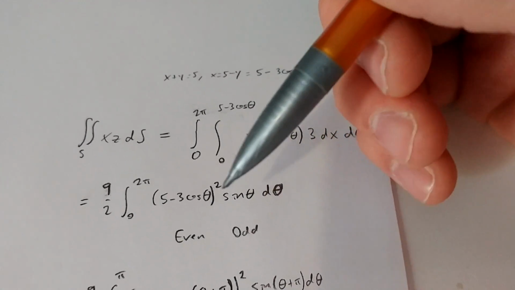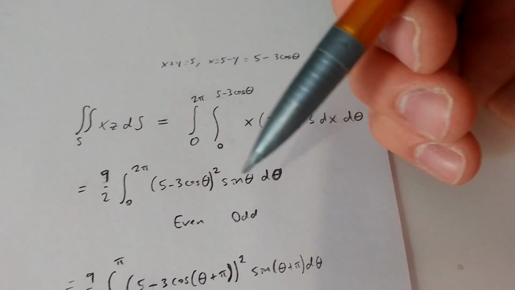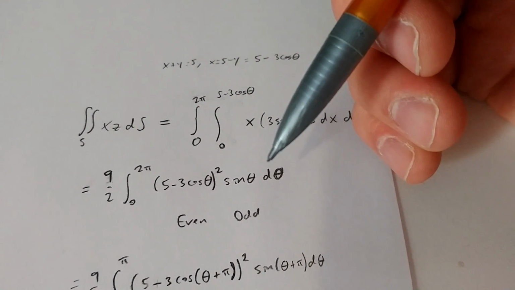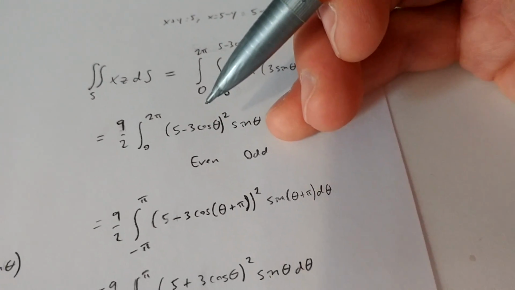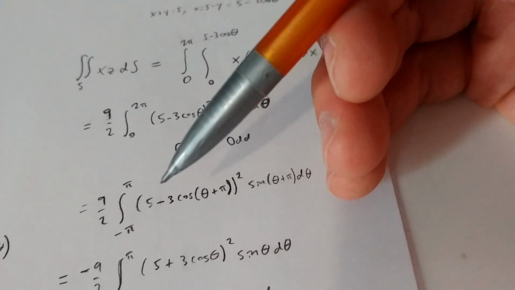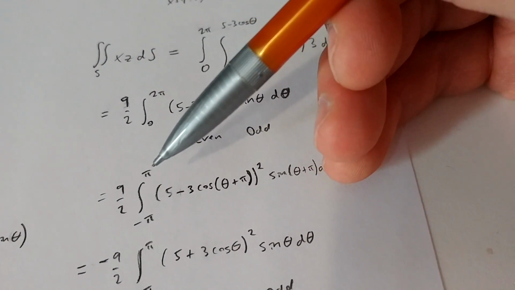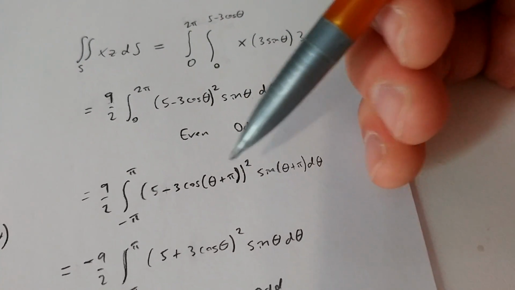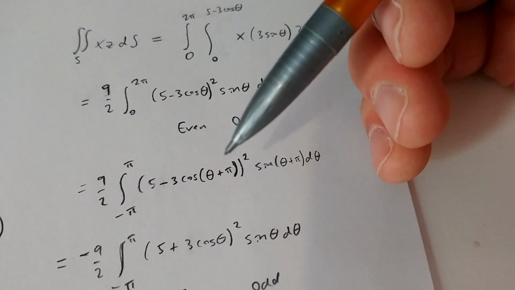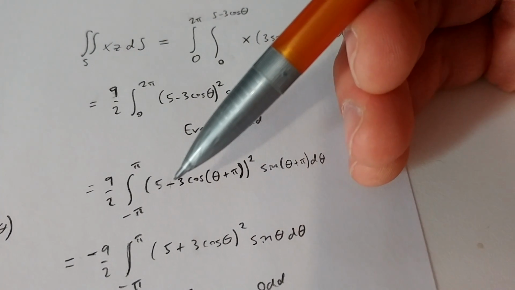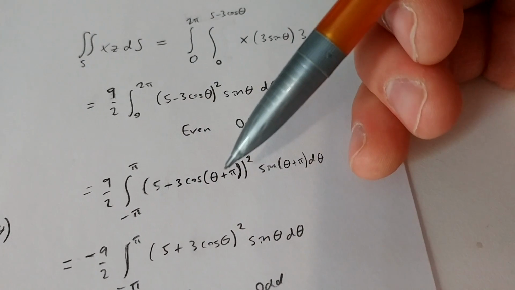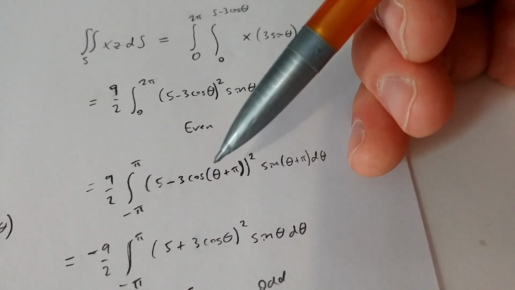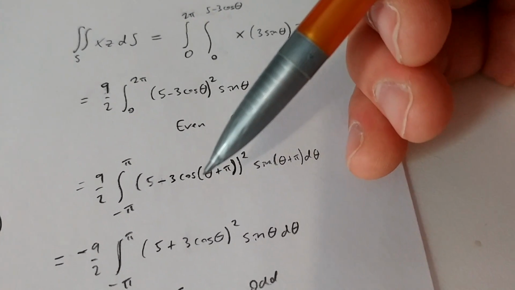But you could also just shift everything to the left if you don't want to go through the integral and solve it and find at the end it's going to be 0. You can still argue with symmetry that this is going to be 0 if you just shift everything to the left. So the bounds, just shift to the left by pi, and then plug theta plus pi in everywhere you see a theta. Adding pi, or shifting to the left, what it does to cosine theta is the same as just flipping it upside down because it's periodic.